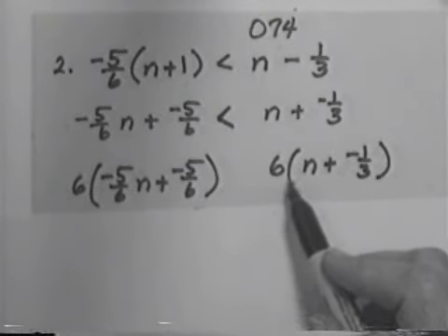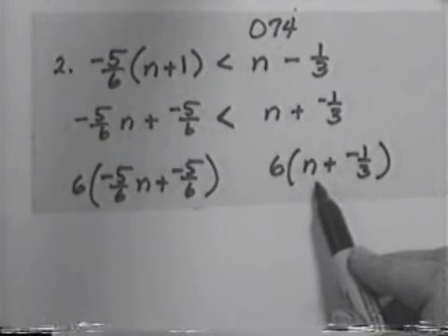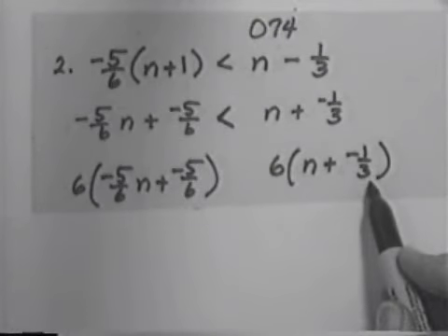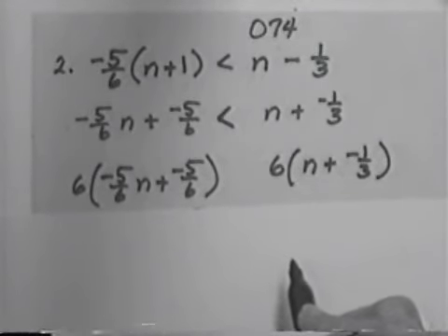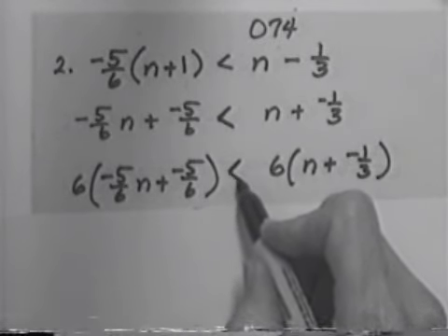On the right, 6 times, in parentheses, n plus negative 1/3. We have multiplied both sides of this inequality by the same positive number. Multiplying by a positive number keeps the inequality symbol unchanged.